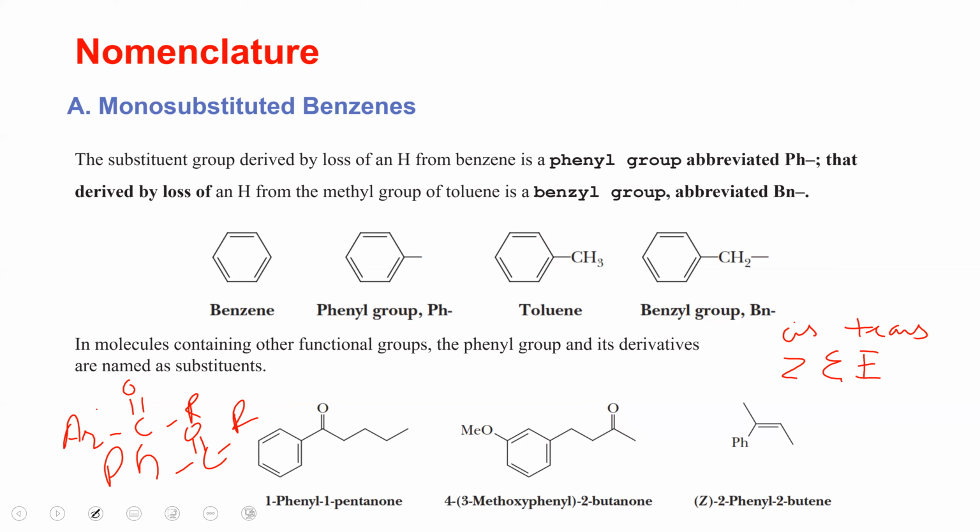You have to compare if both of the bulky groups are sharing the same plane or the same side. Then that is cis, and we will use Z for the cis and E for the trans.